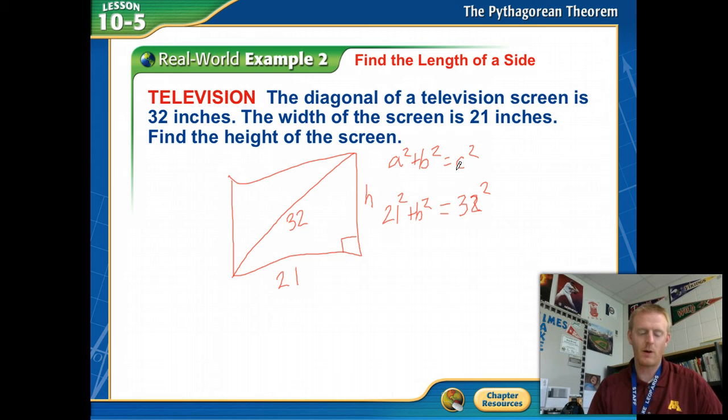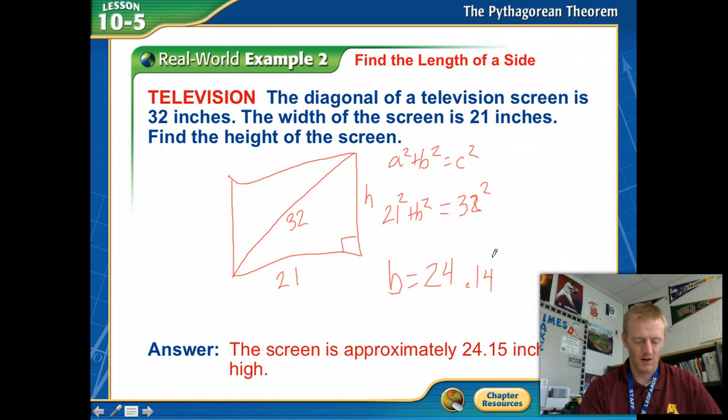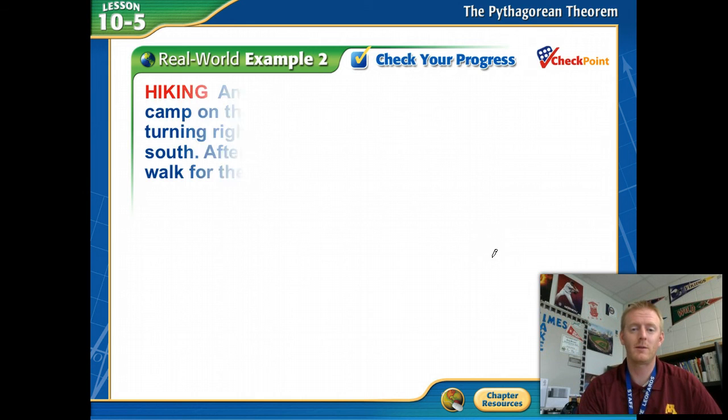And when I take the square root of that number, I find out that b is equal to 24.14 inches. Oh yeah, I had to round to the nearest hundredth, so I screwed that one up. Shoot. All right, here we go again.